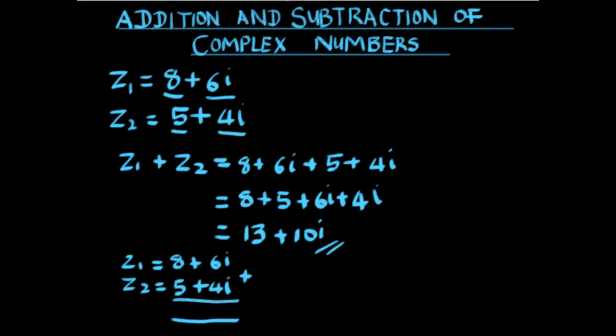So we have on this side 6i plus 4i gives us 10i, and on this side we have 8 plus 5 giving us 13. So this will give us 13 plus 10i. So we get the very same answer. Whichever method works best for you, you can use.